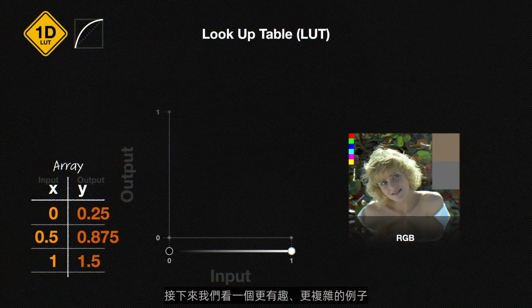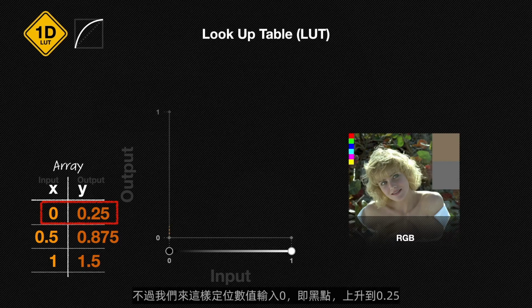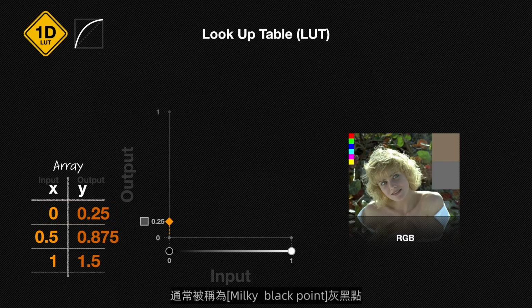Let's have a look at a more interesting and complex example. We are still using a 1D LUT. Let's position the values. Input 0, the black point, goes up to 0.25. So this means the darkest black we will have in our resulting image will be this gray, a so-called milky black point.